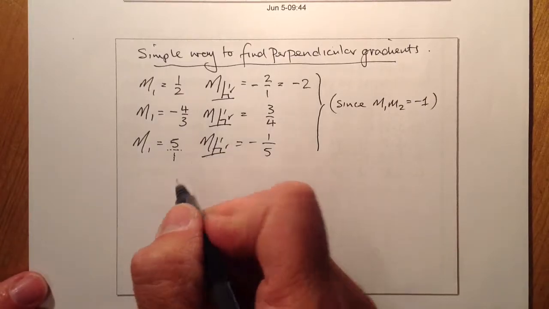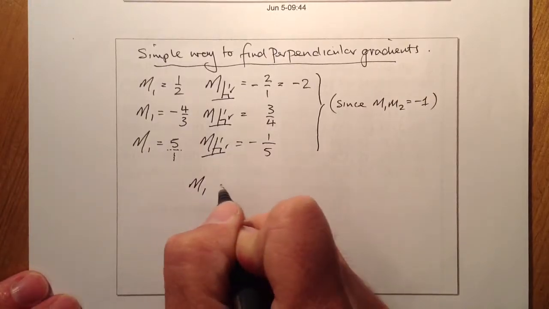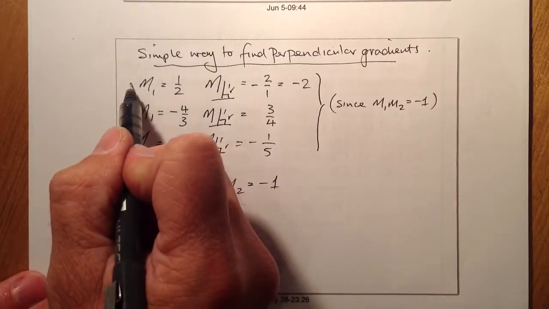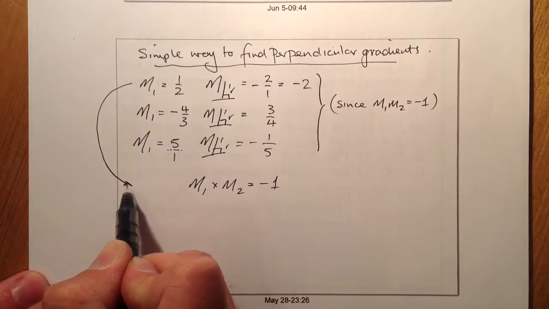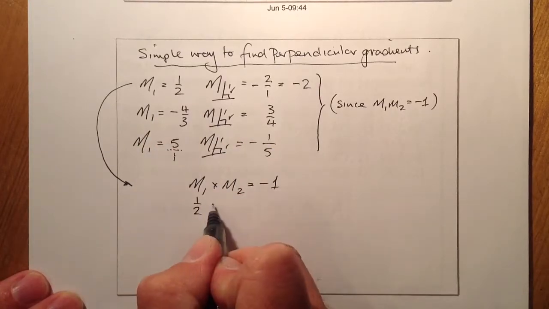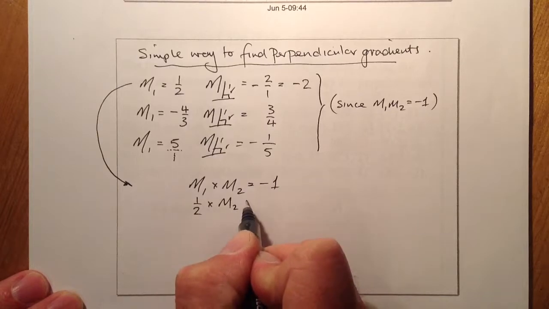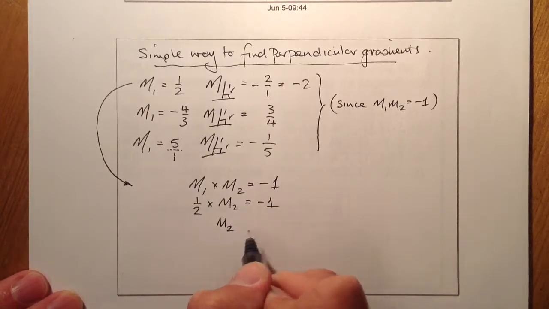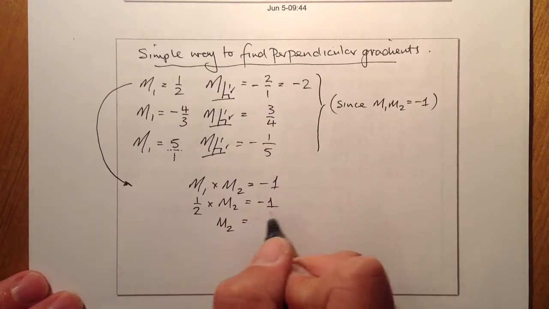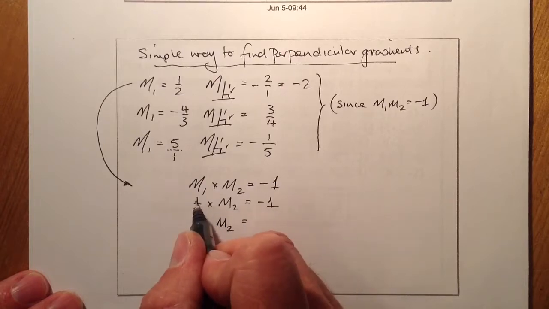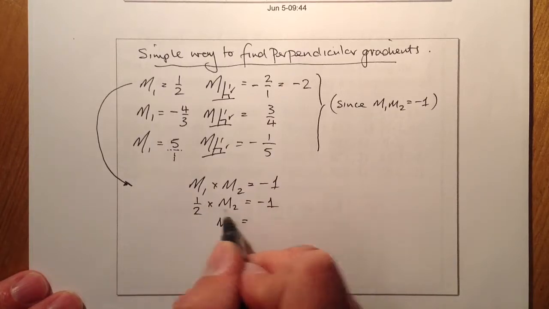Alternatively, what you can do is you can do the work for it. So gradient 1 times gradient 2 is equal to -1. So if I take this example here, for gradient 1 it's 1/2, and I know if they're perpendicular, then what I should have is them equaling -1. So to work out gradient 2, I'll multiply by 2 and divide by 1, if that's the fraction that's there.